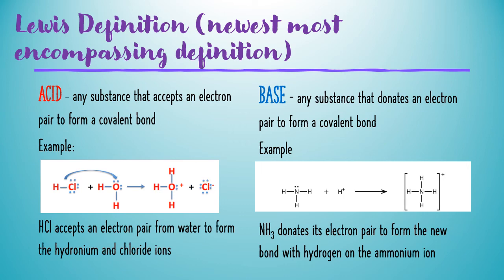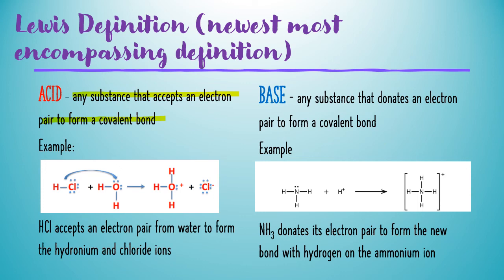So a Lewis acid is any substance that accepts an electron pair to form a covalent bond. And so looking at this reaction below, we have HCl plus water, and then it forms H3O positive and Cl negative.